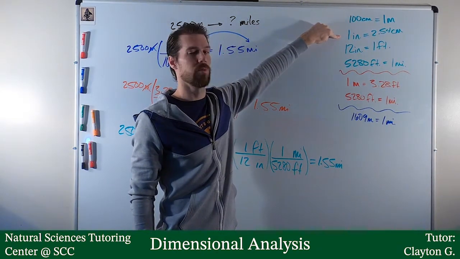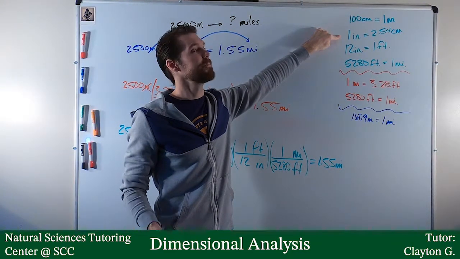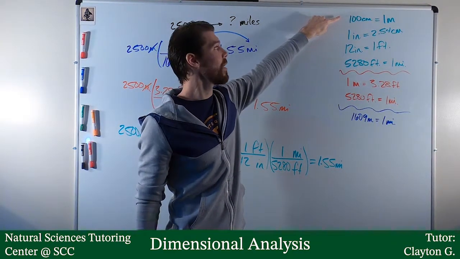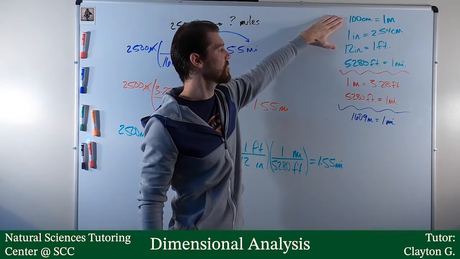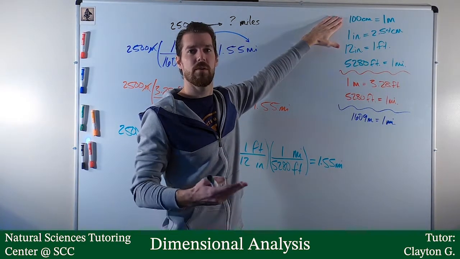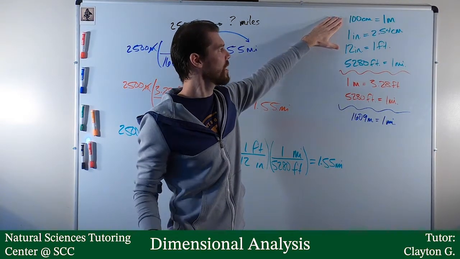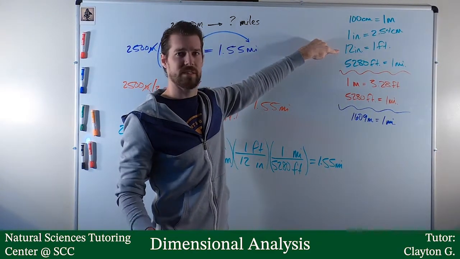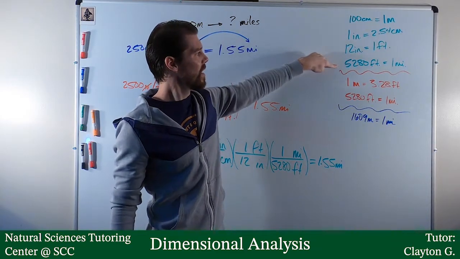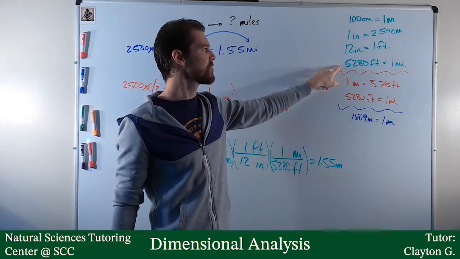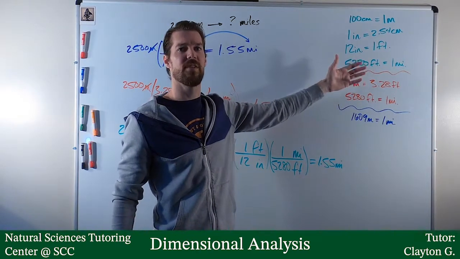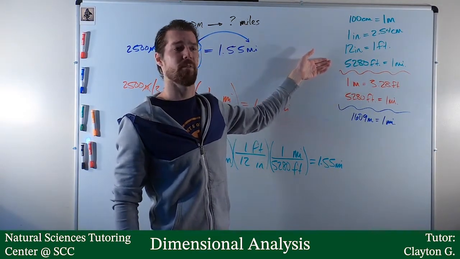I knew 1 inch equals 2.54 centimeters. That forced me to go down this path. This we learned, the 100 centimeters is 1 meter. That we learned, maybe at the beginning of the semester, maybe in high school, whatever, who cares? We've known this since about 2nd or 3rd grade. And that, I happen to know I was a runner in high school, so I knew that there's 5,280 feet in a mile. So that was helpful for me, right?